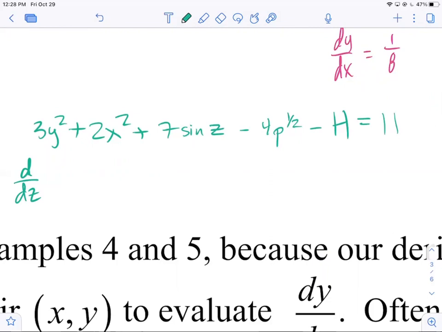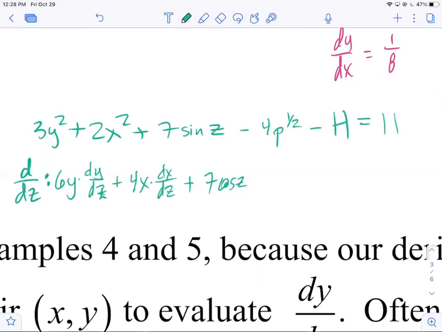Let's take the derivative of this equation with respect to Z. So here's what it would look like. It would be 6y to the first times dy dz, plus 4x to the first times dx dz, plus 7 cosine of z times dz dz.